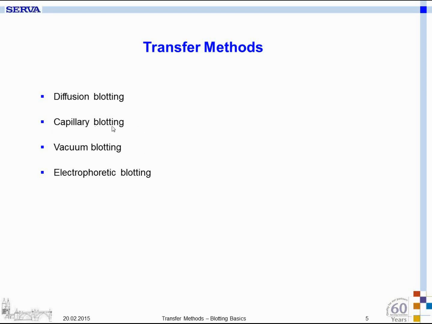Much better is capillary blotting, which was introduced by Ed Southern. I will show a slide, then you know exactly how it works. And there is also vacuum blotting. These two methods have mainly been used for transferring nucleic acids, RNA and DNA molecules. And for proteins, preferably electrophoretic blotting is used.